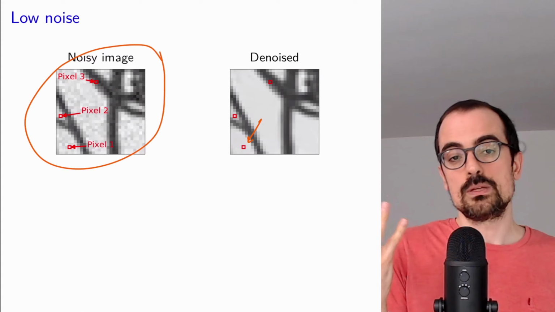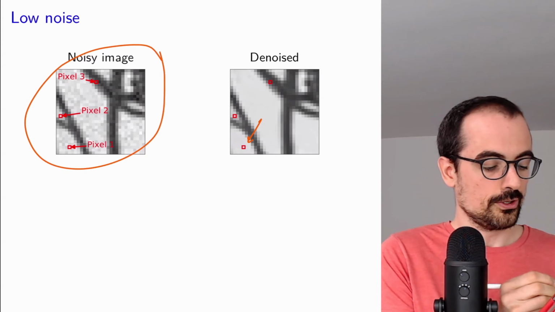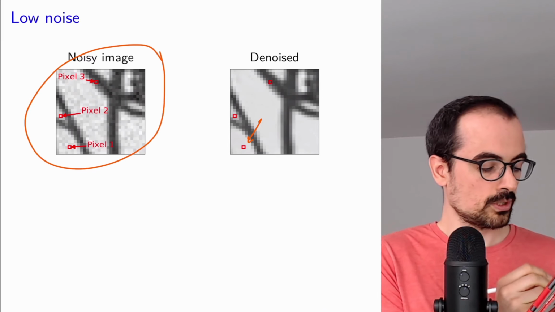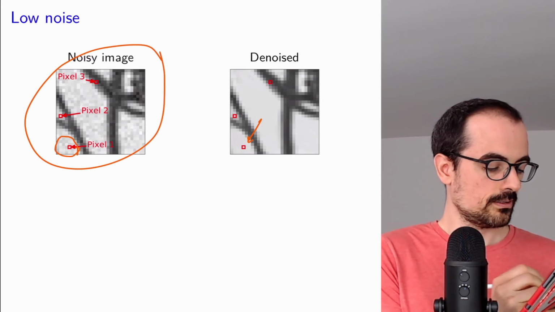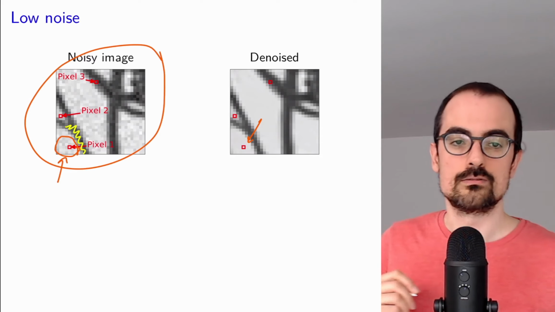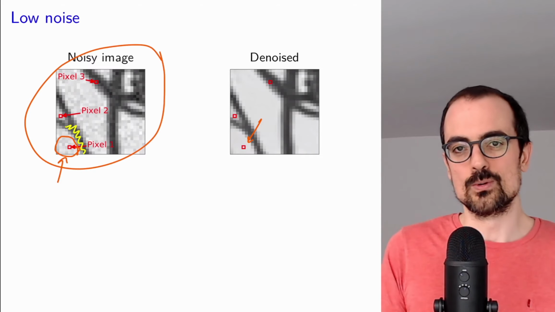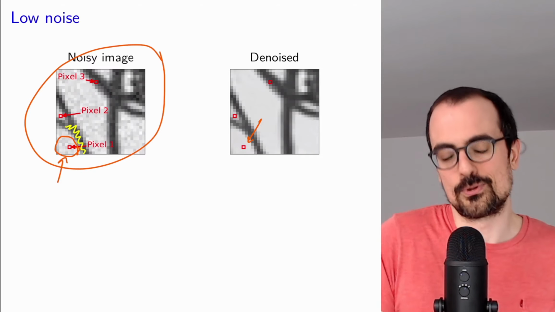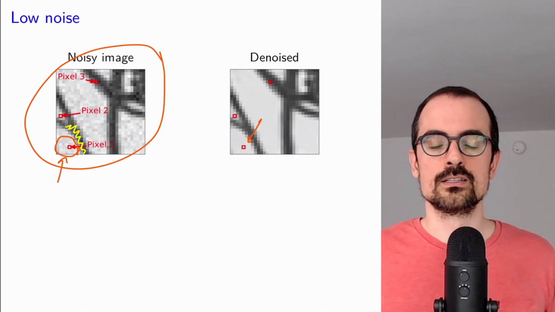And maybe it would be useful for you to think for a moment how you would go about producing the denoised pixel from this input. Ideally, you would want to average around here, but you definitely do not want to go over here, right? Because that's where you're going to start blurring edges and producing a degraded output, which is actually what the linear shift invariant filter does.